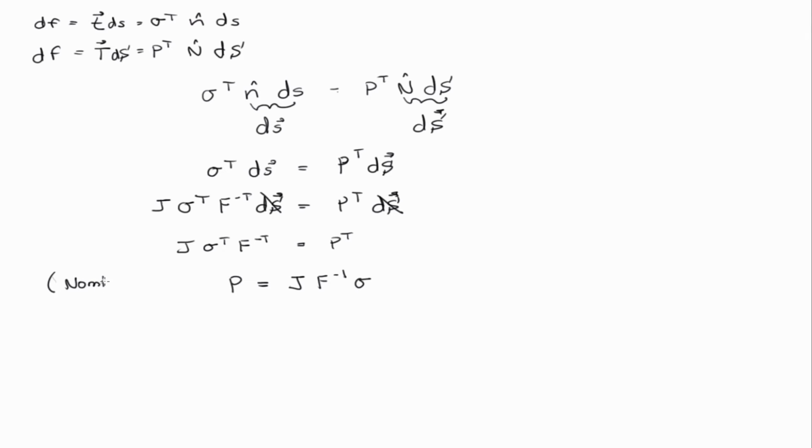So P is called the nominal stress. And P transpose is called, I'm going to use the symbol sigma 1PK, and the reason is we're going to call that the first Piola-Kirchhoff stress.